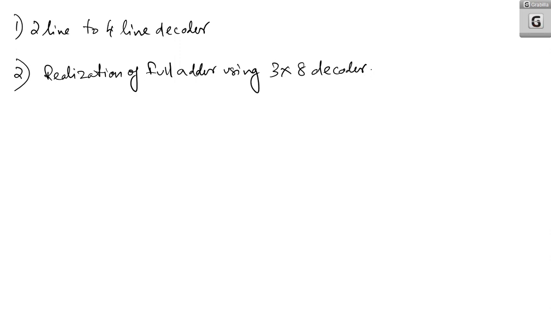So that will be built in this lecture. Only two topics in this lecture. Coming to the 2-line to 4-line decoder.